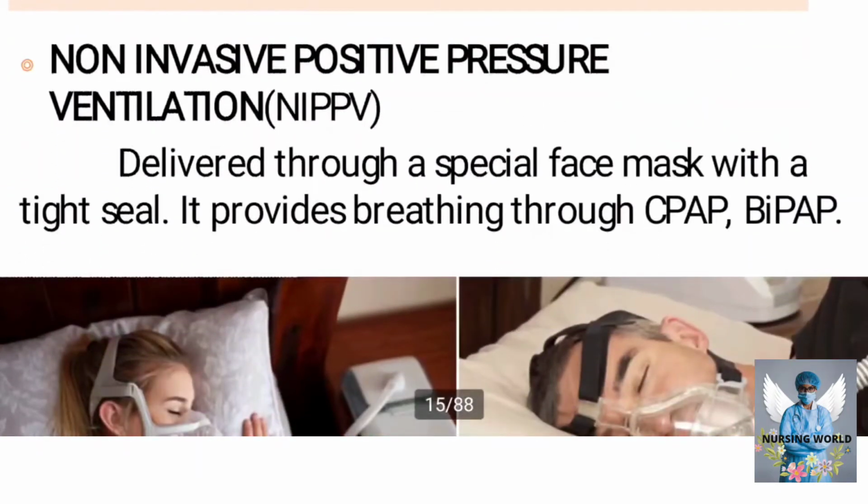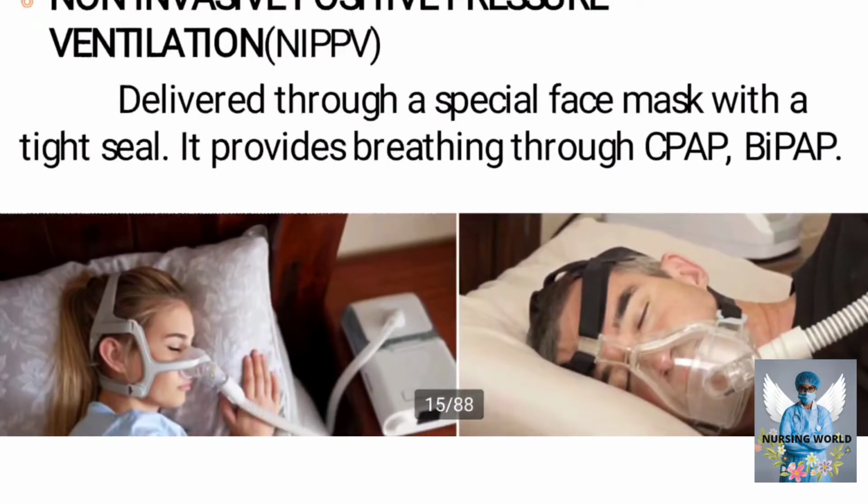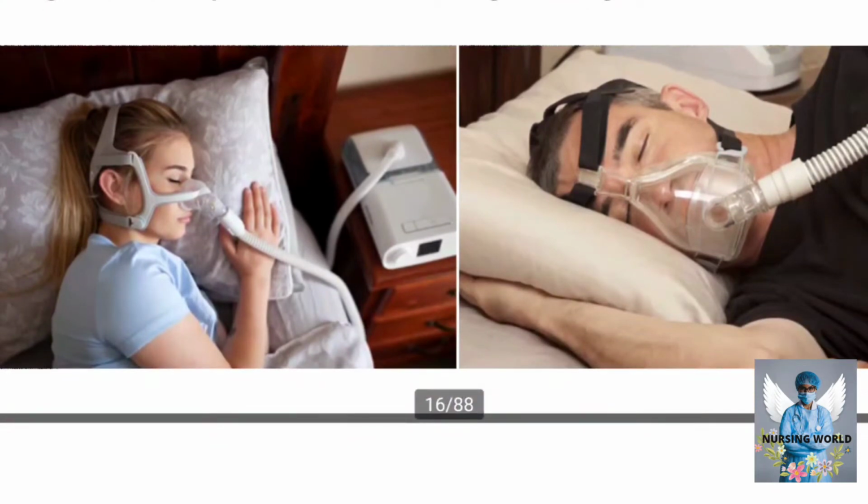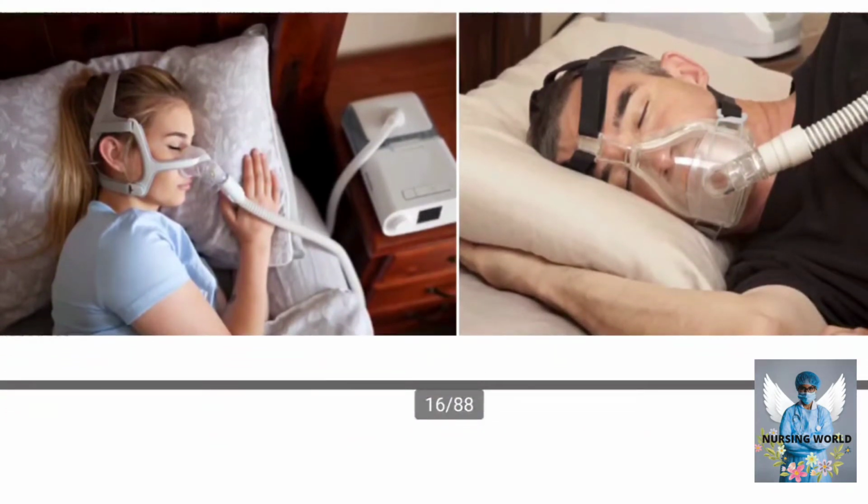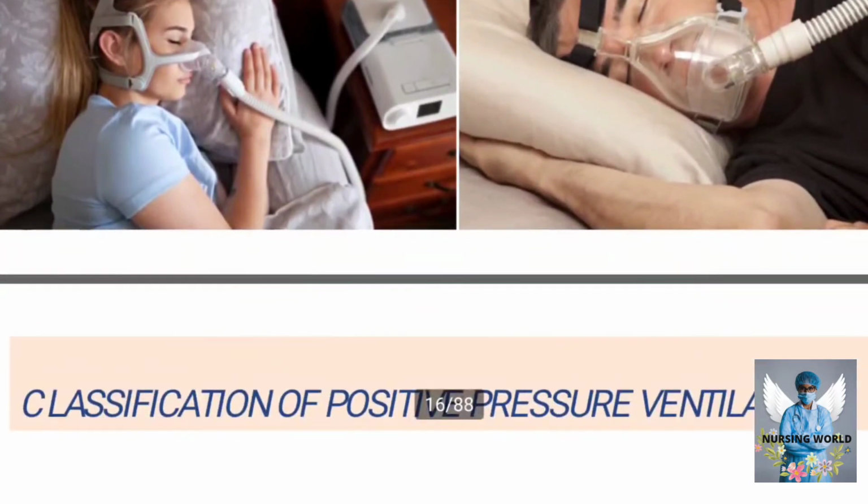Then non-invasive positive pressure ventilation, that is NIPPV, is delivered through a special face mask with a tight seal. It provides breathing support through CPAP and BiPAP. See how the mask is worn by the patient.